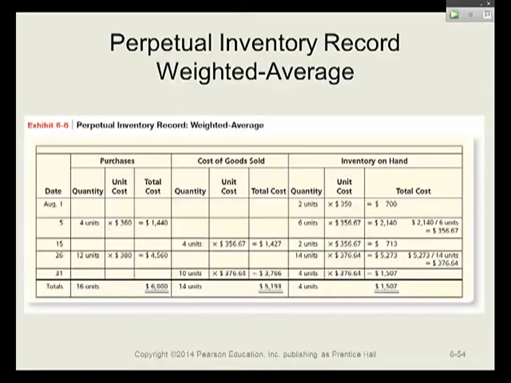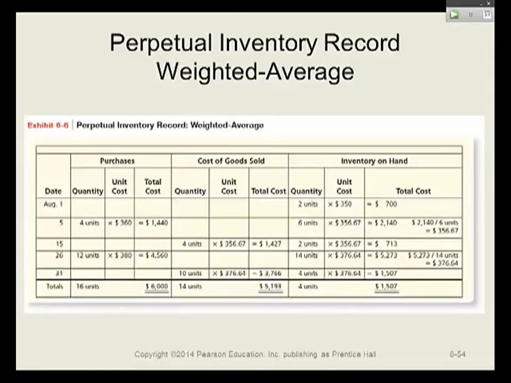So when I sell off, if you go to the sales column, when I sell off 4 units, I sell them at $356.67, and my cost of goods sold is $14.27. Notice that a sale does not change the average cost.